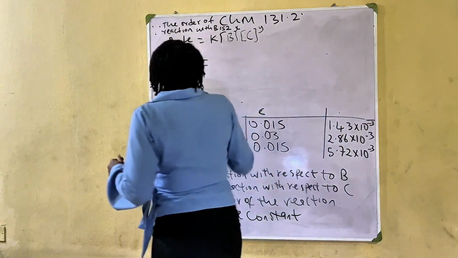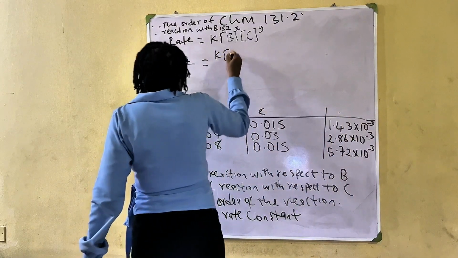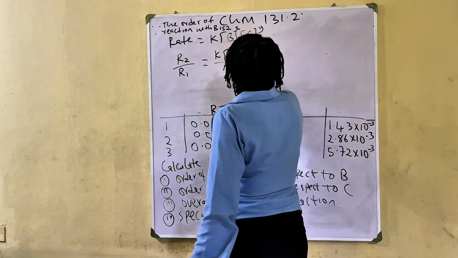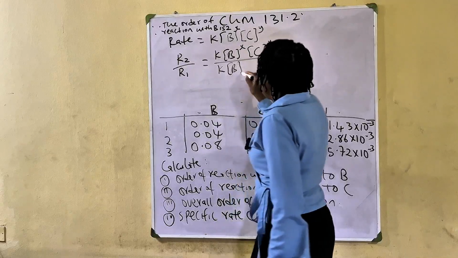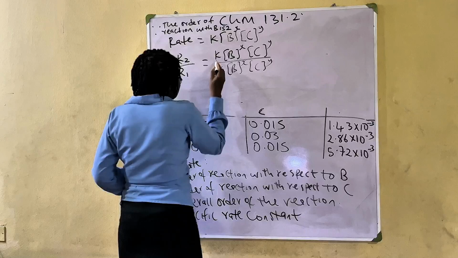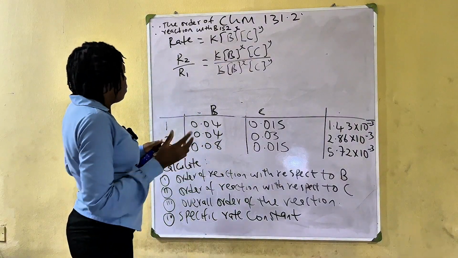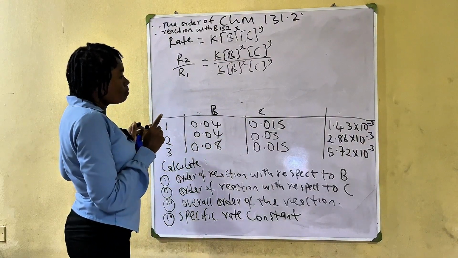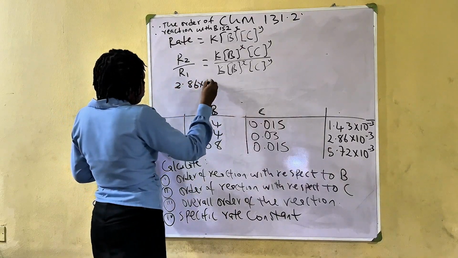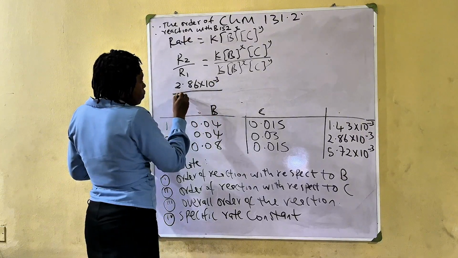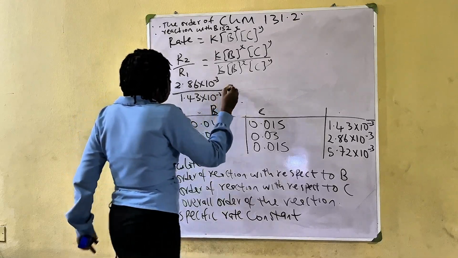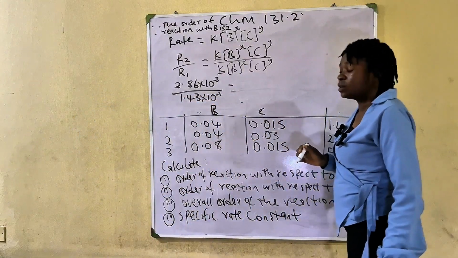So I have K, B raised to the power x, C raised to the power y. This K will be eliminated. So what's R2? 2.86 times 10 raised to the power minus 3 all over 1.43 times 10 raised to the power minus 3 is equal to, so what's the concentration for B in experiment 2?